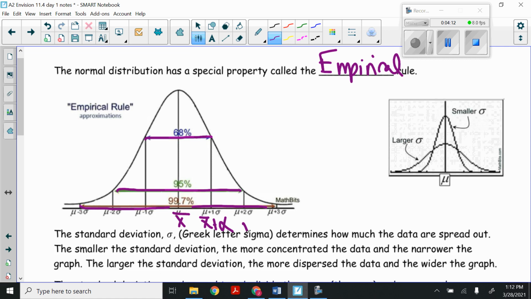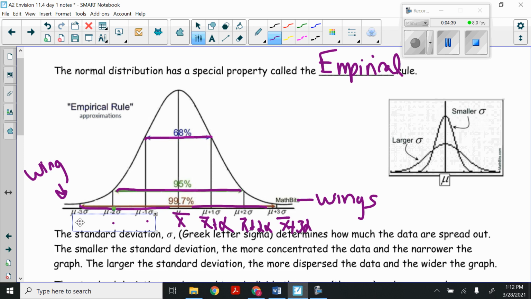This is our average plus 2 standard deviations, and then our average plus 3 standard deviations. Out here on the ends, these are called the wings of the graph. So then I have another wing out here. And then going the opposite direction, your mean minus 1 standard deviation, your mean minus 2 standard deviations, and your mean minus 3 standard deviations.